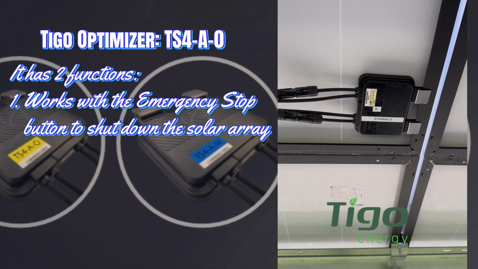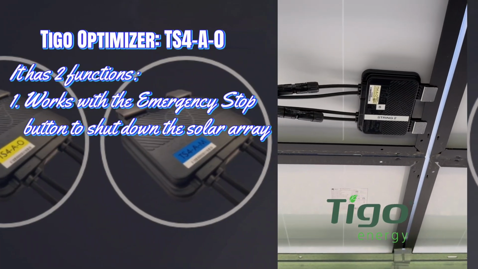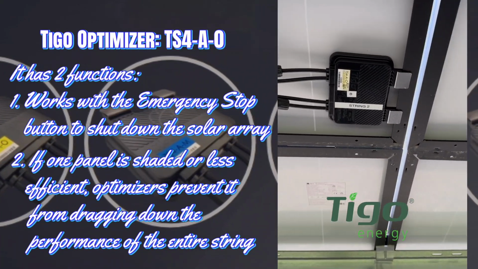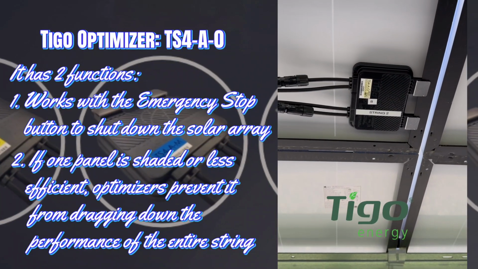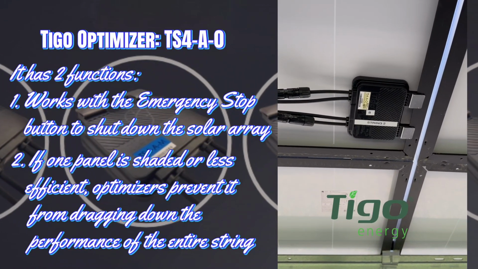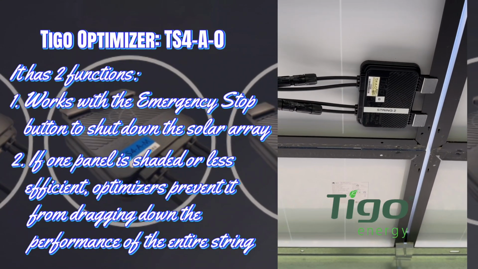The second function is they're optimizers. An optimizer works independently with each panel, so we have one of these per panel. What it does is if there's any shade or any cover on part of the solar array, it won't draw down the watts for the entire system.